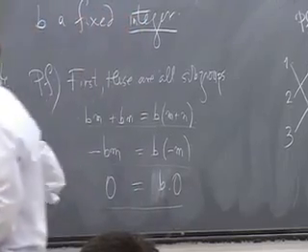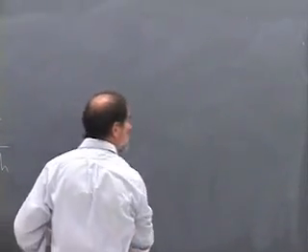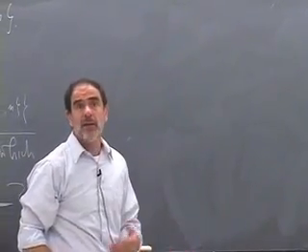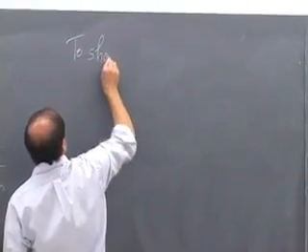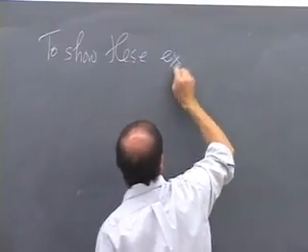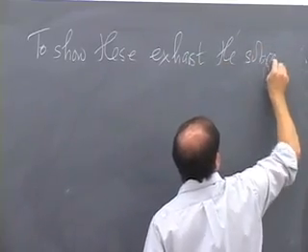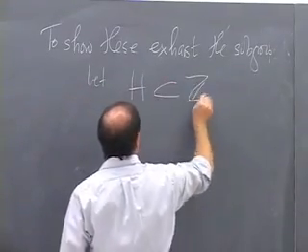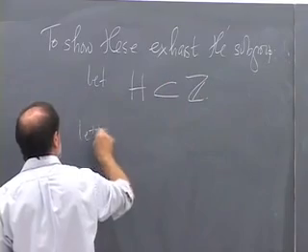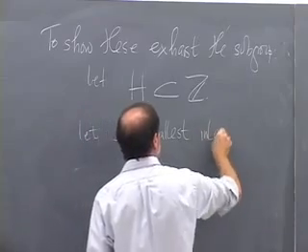We just have to show that these are the only possible subgroups. So to show that these are the only possible ones, we're going to use a trick that goes back to book 5 in Euclid. So to show these exhaust the subgroups, let H be a subgroup of Z, and let b be the smallest positive integer in it.